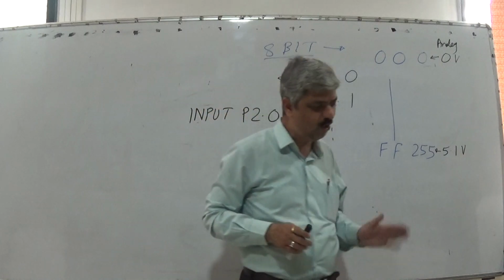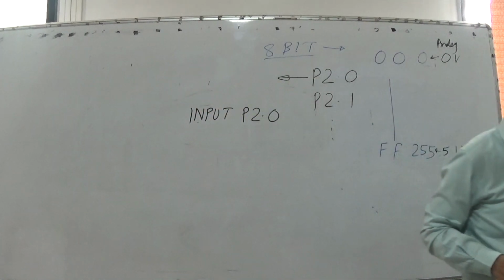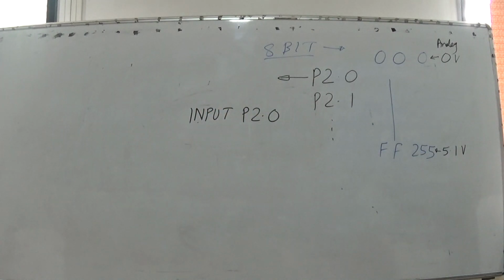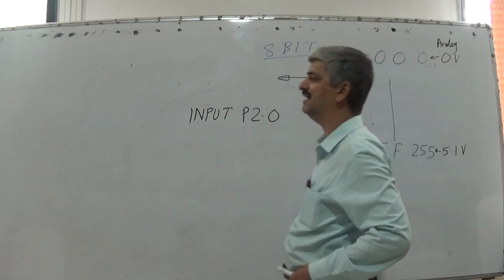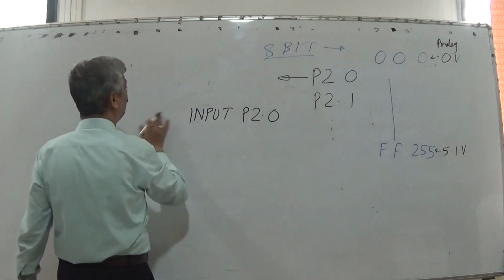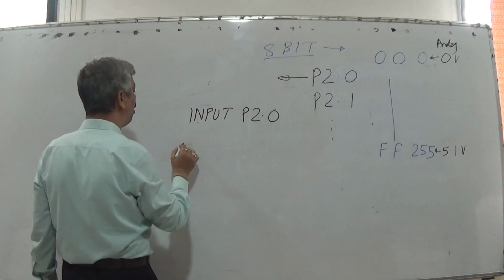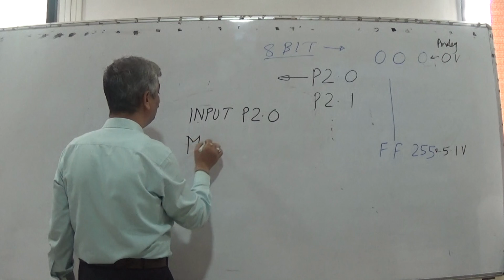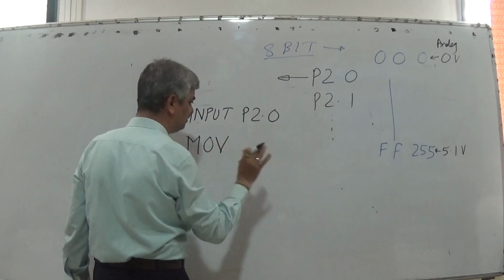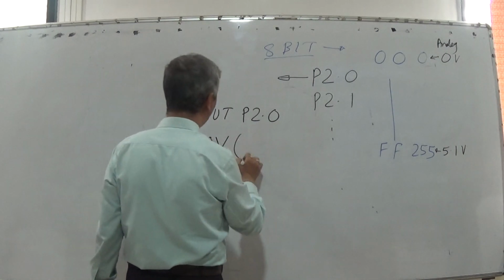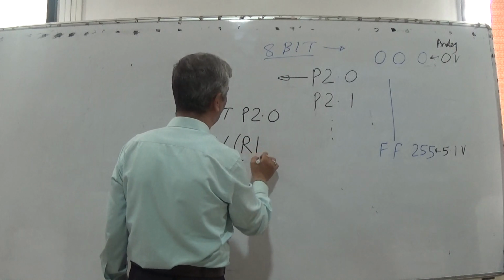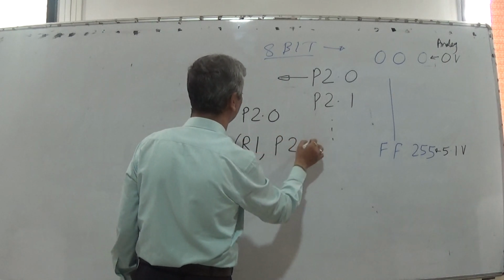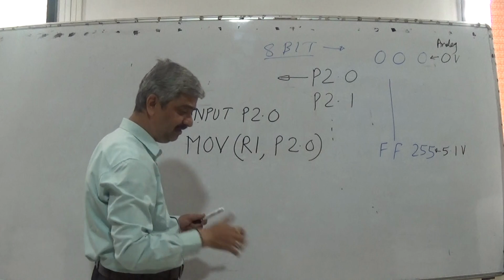So we never study the actual code of the microcontroller, but we never completely rely on C-like things either. It is in between, some kind of assembly language. So we can have input, or something like this, move, just as an example, move register R1, P2.0. What does it mean?